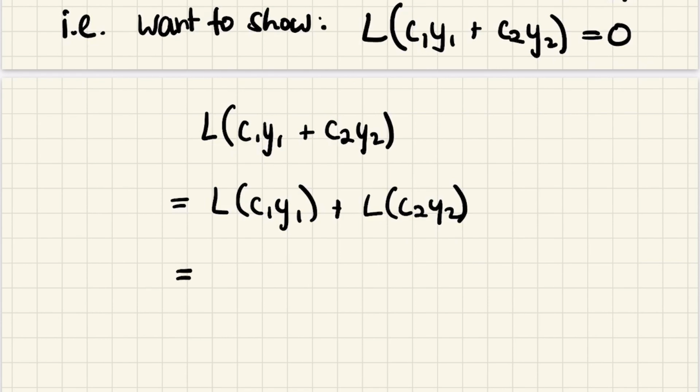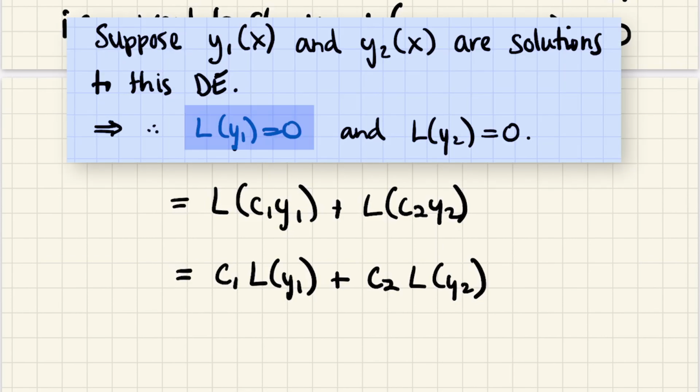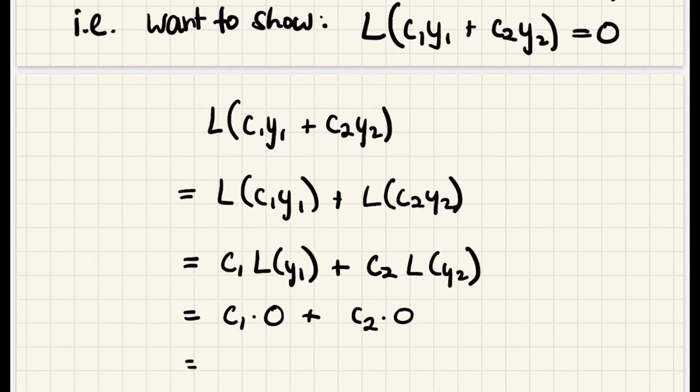And just like you can pull a constant out of a derivative, and indeed an integral, which is the inverse of a derivative operator, you can do that here. So we get c1 L of y1 plus c2 L of y2. But we were given that L of y1 is 0 and L of y2 is 0. So what we have is c1 times 0 plus c2 times 0, which of course adds up to 0.